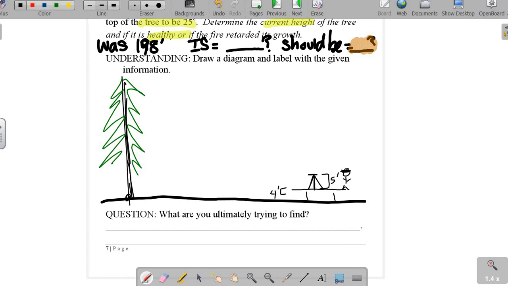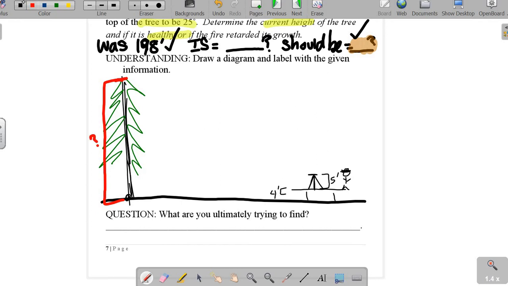Now, the tree's current height is not 198. That is the was height that we're going to be comparing to the should be height to determine if it's healthy. Right now, we're working on the actual height. So the actual height that we want goes from here all the way down. That is what we ultimately want.